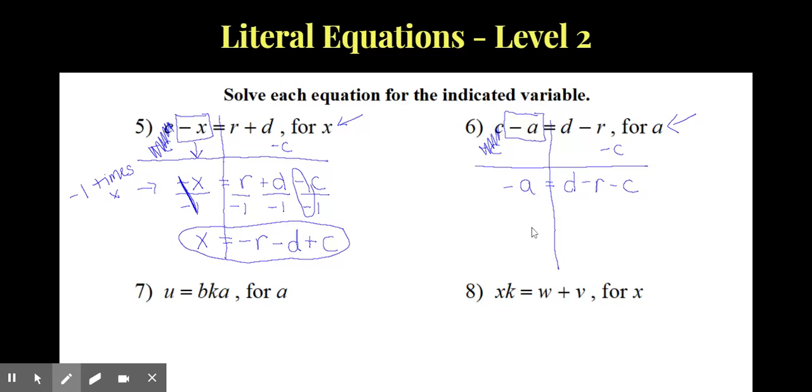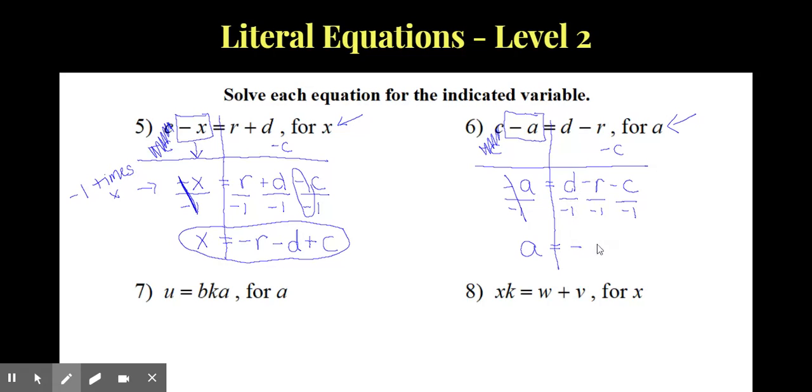Okay, one more step. I have negative a, but I was asked to solve for a positive a. So how do I get rid of this negative that's in front of the a? By dividing. I need to divide every term by -1. On the left-hand side, my negatives cancel, and I bring down a equals. Now be careful with your signs. Positive divided by a negative is negative.